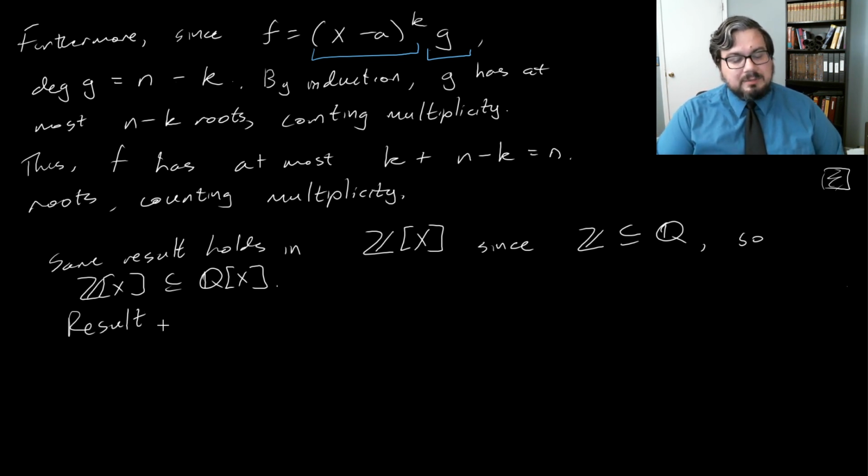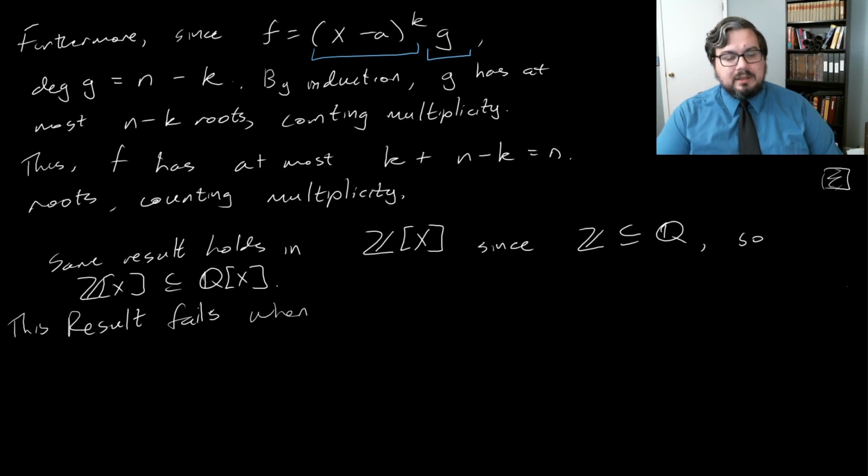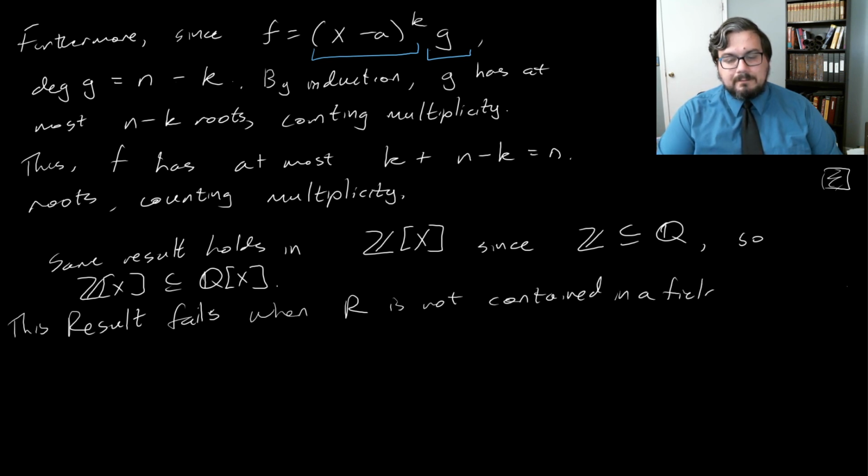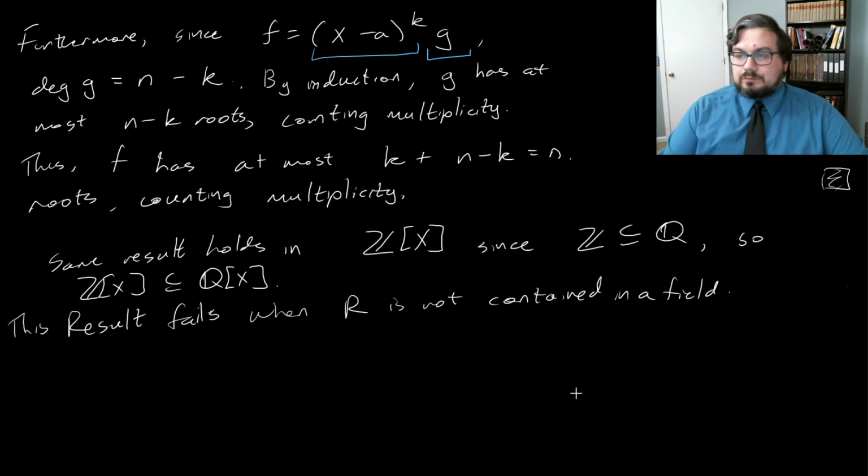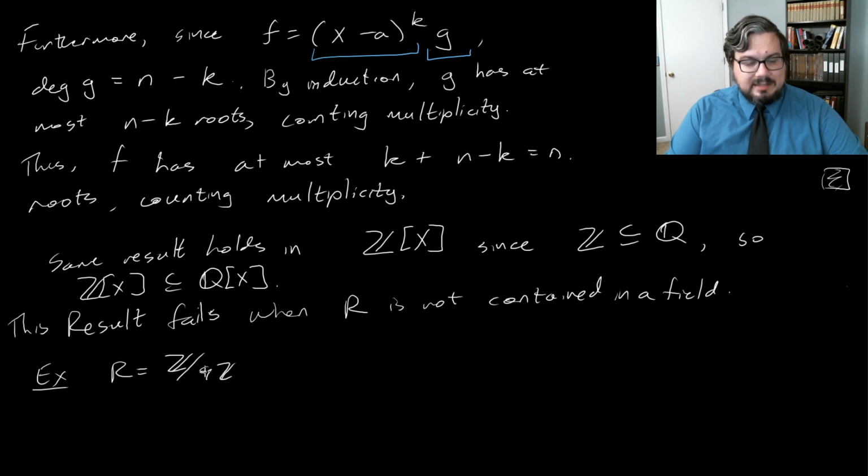So, as a remark, this result fails when the ring R is not contained in a field. For example, if we let R be Z mod 9Z, it turns out that Z mod 9Z is not contained in any field.